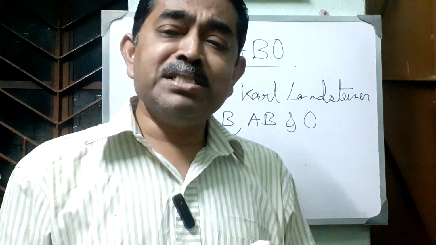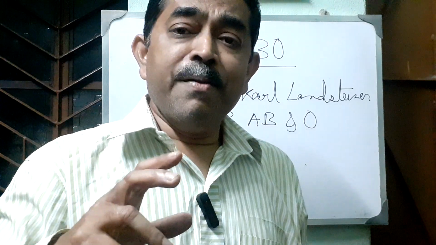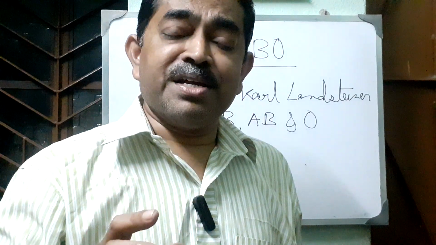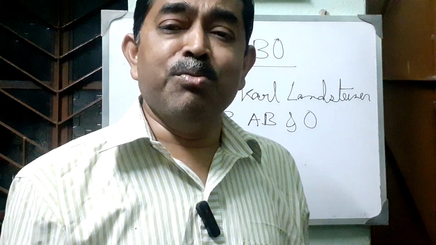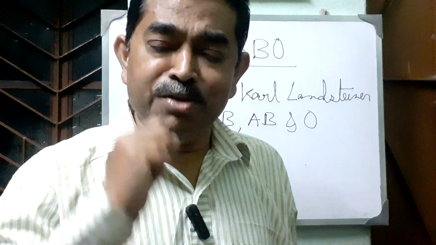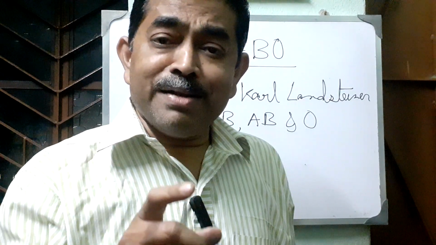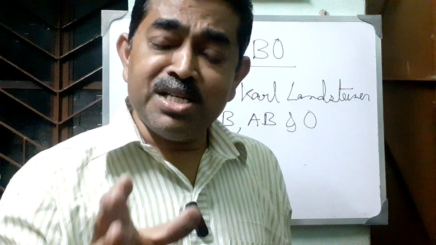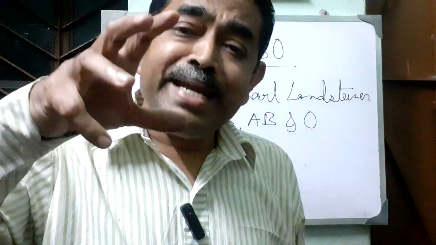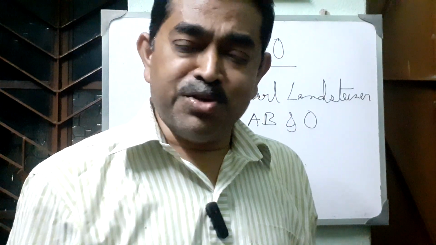Generally, what is observed is that gastric ulcer is very common in O type blood group individuals, and stomach ulcer and gastric cancer are very common in the A type blood group individuals.